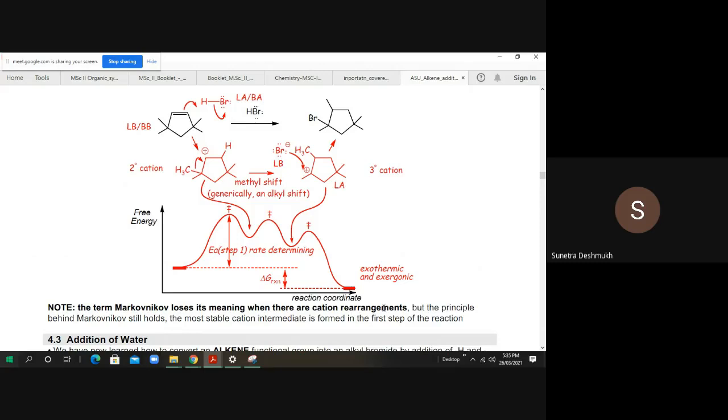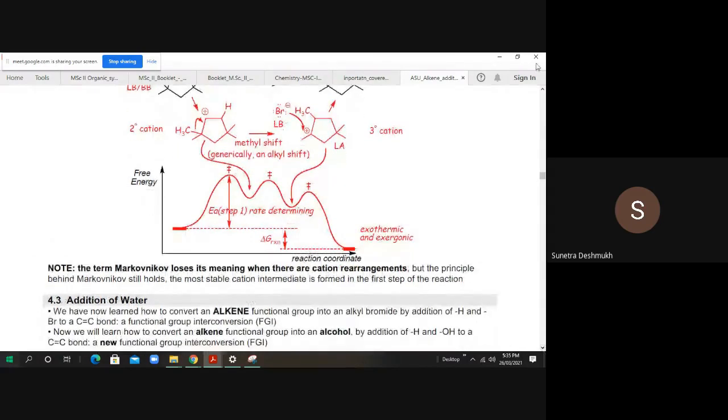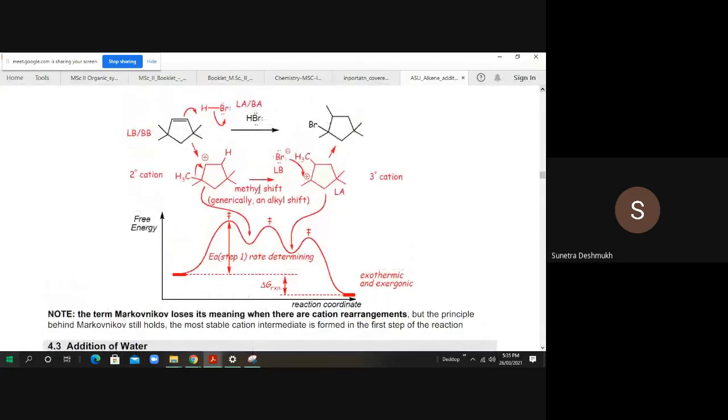Whenever there is a carbocation formation in your addition reaction, no other rules work; only the carbocation rearrangement rule works. And the carbocation will definitely undergo rearrangement to achieve a more stable carbocation than the one previously present in the mixture. So these things happen in the case of addition reactions.